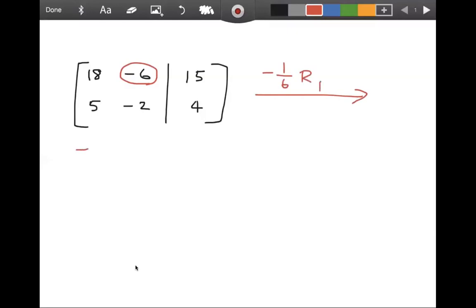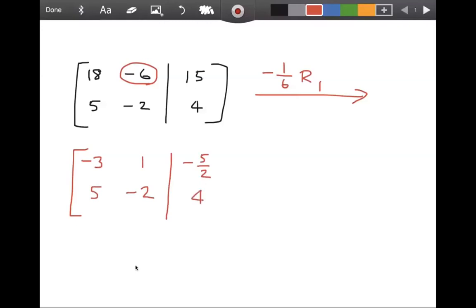So that's going to make that first row 18 times -1/6 is -3. -6 times -1/6 is 1. That was the whole point. And 15 times -1/6 would be -15/6, which simplifies to -5/2. And we're leaving the second row alone just for now.